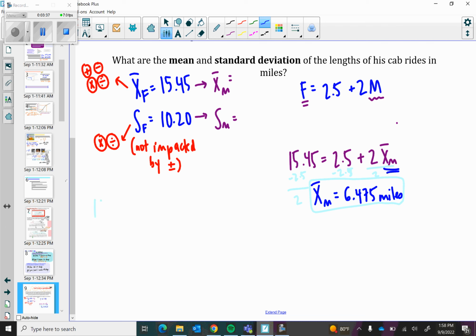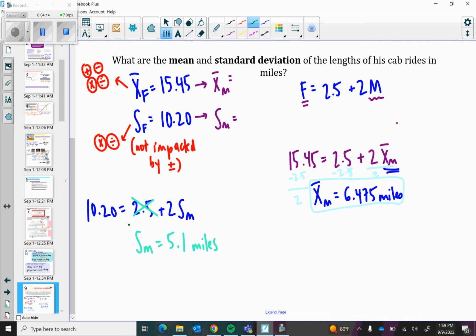So when we put our 10.20 is equal to 2.5 plus 2 times s of m, if I subtract this 2.5, it doesn't actually impact the standard deviation. So we don't need to worry about that part of the equation. The only thing we need to worry about is dividing everything by 2, which means that the standard deviation of miles driven is 5.1 miles.